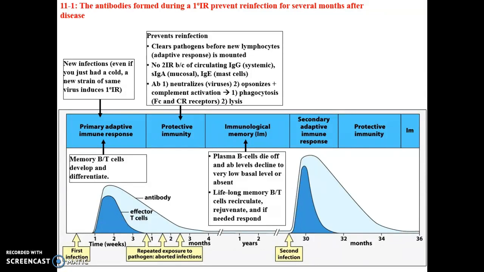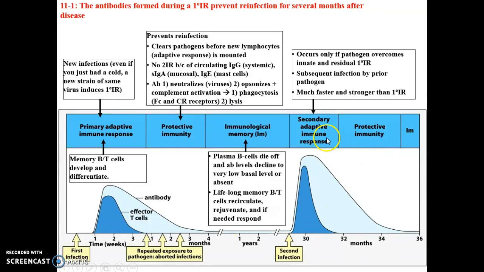And so then what happens? Well, then you have this secondary adaptive immune response. Why? Because you have a second infection or a second encounter. The secondary immune response is only going to occur if the pathogen overcomes the innate as well as the residual primary immune response.